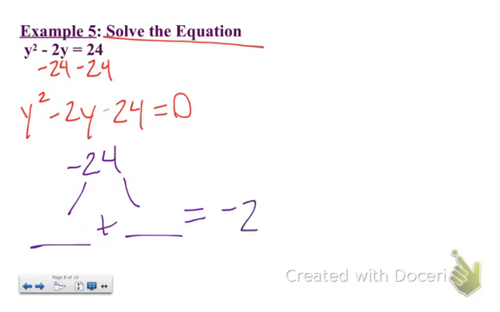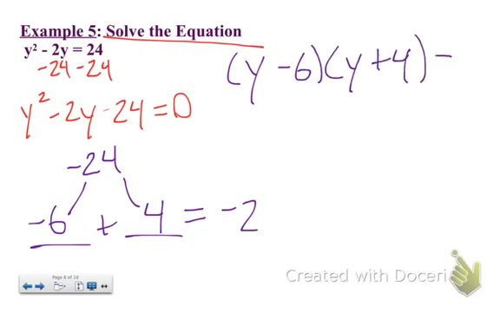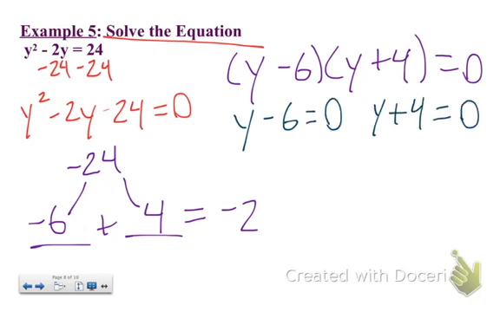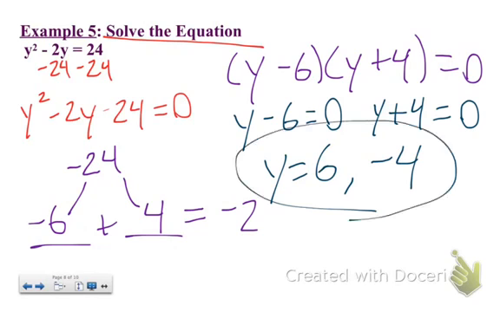That would be negative 6 and positive 4. So we're left with y minus 6, y plus 4 equals 0. For the last step, we're still not done, because we need to set each factor equal to 0. So y is equal to positive 6 and negative 4. In this case, since we're asking for the solutions, that would be the final answer.